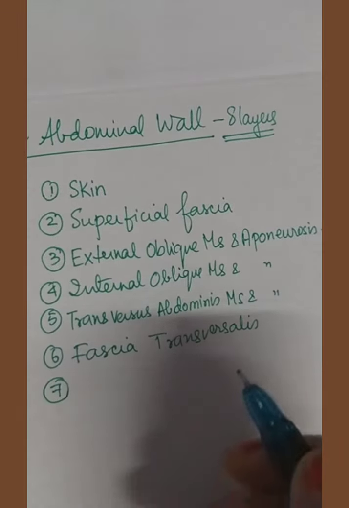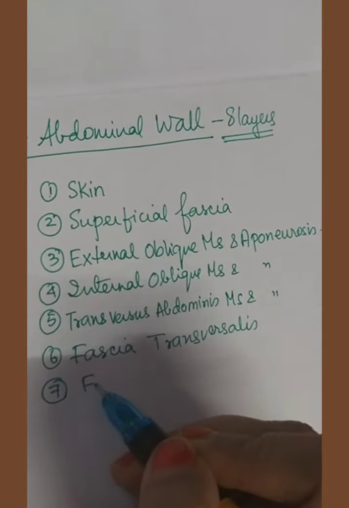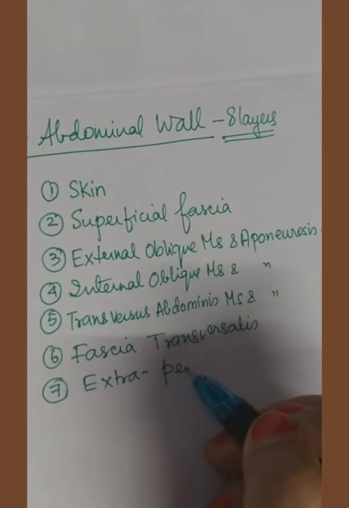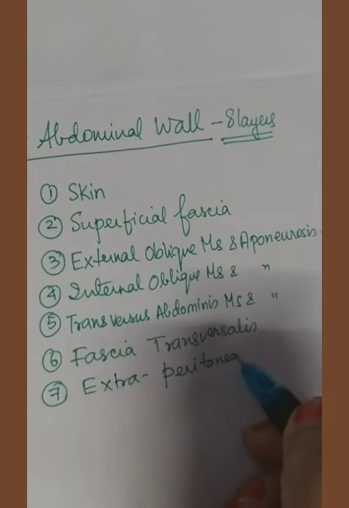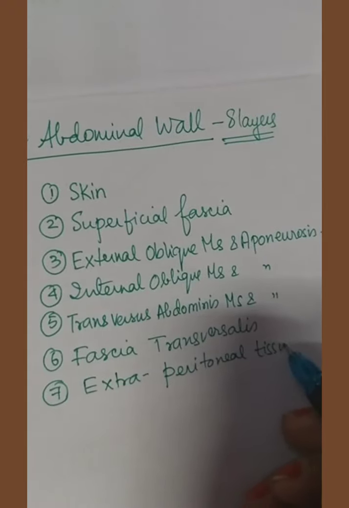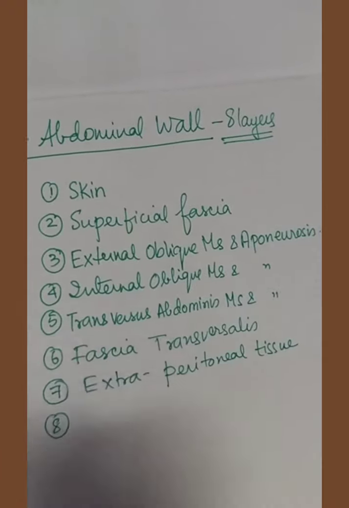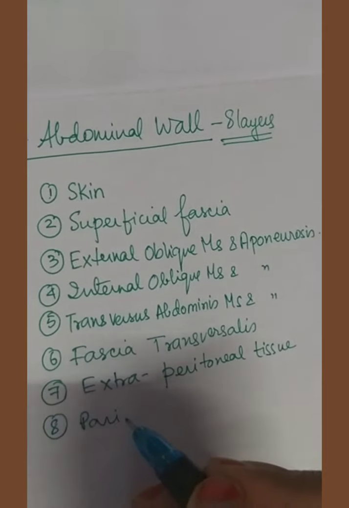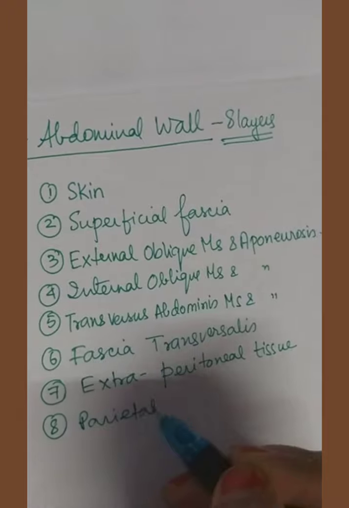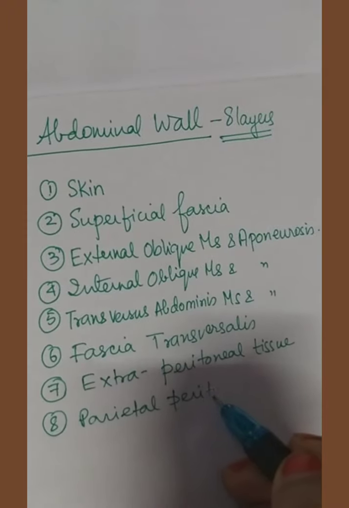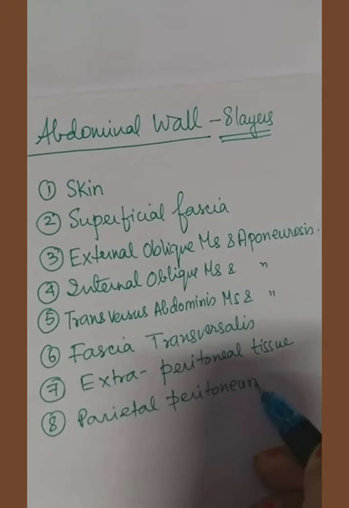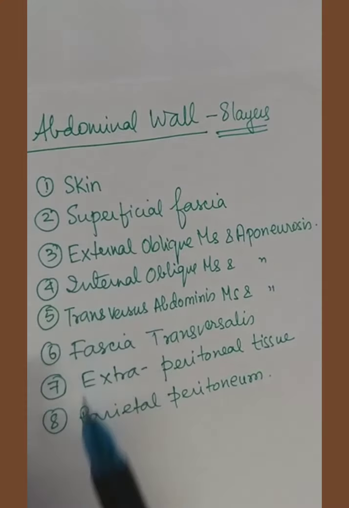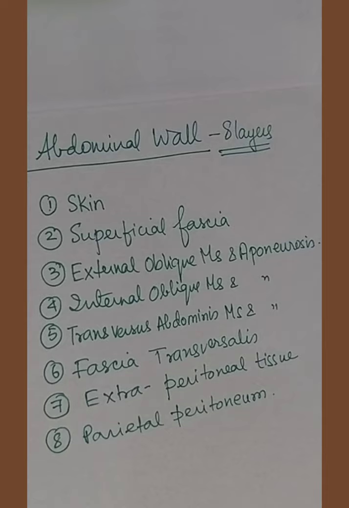The seventh layer is the extraperitoneal tissue, and finally the eighth layer is the parietal peritoneum. So, these are the 8 layers of the anterior abdominal wall.